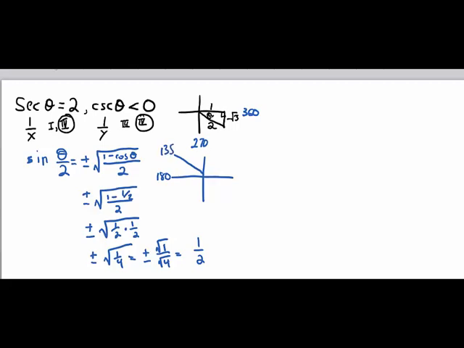So, if I am in the fourth quadrant and I cut that angle in half, then I am going to be in this part of the second quadrant. And since sine is a y value, this is a positive answer. So the answer to this problem, the half angle formula for sine of theta divided by 2, is 1/2.